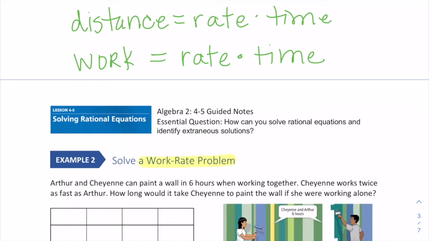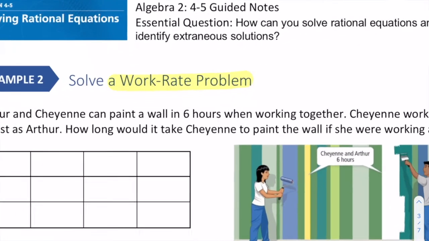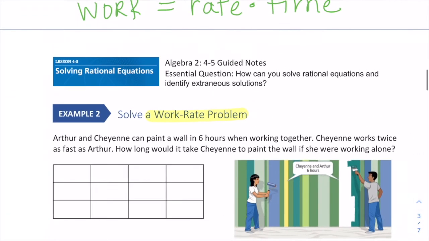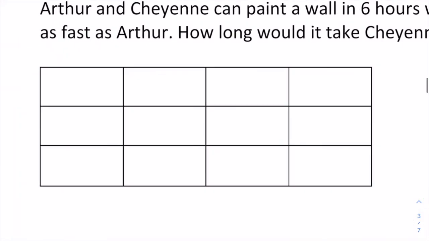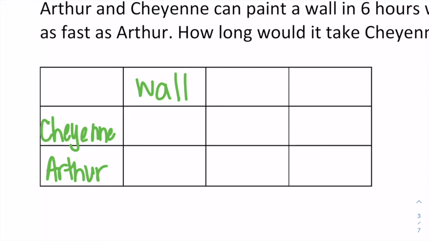And we want to see how long it will take Cheyenne to paint the wall if she was working alone. So I'm going to put both of their names here. So Cheyenne and Arthur. So they're painting a wall, so put one wall for both of them. So thinking of the time it takes them, we'll say Cheyenne takes x amount of time.